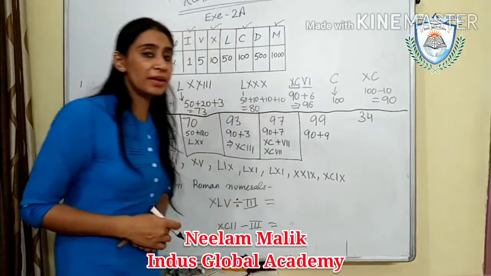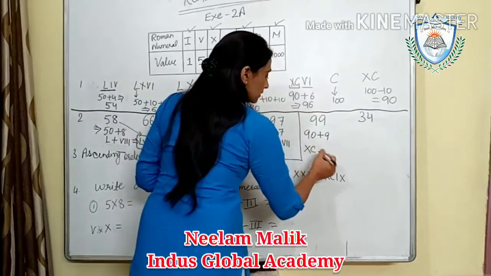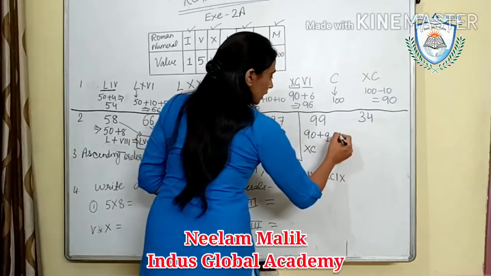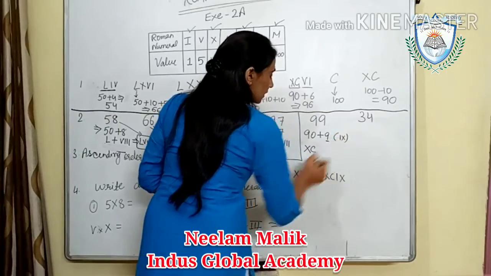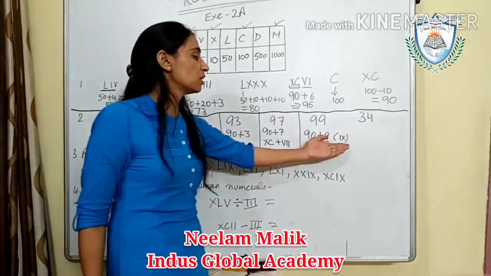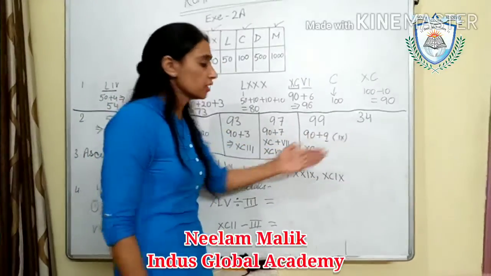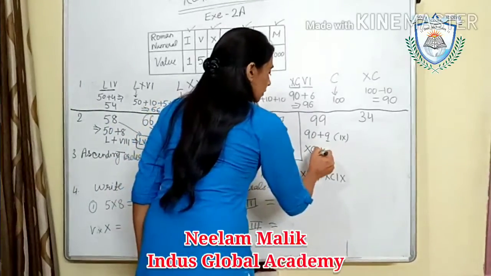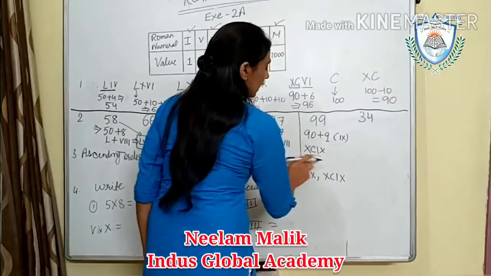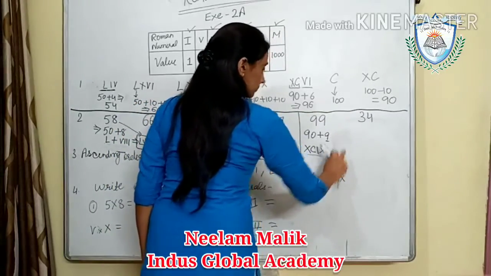So what is our 90? 90 is XC, plus 9. What is 9? 9 is I and X. Yes. 9 means 10 minus 1. We will write the I on the left hand side of X. So this is our 9. So this is our 99. Okay. I hope you understand this.